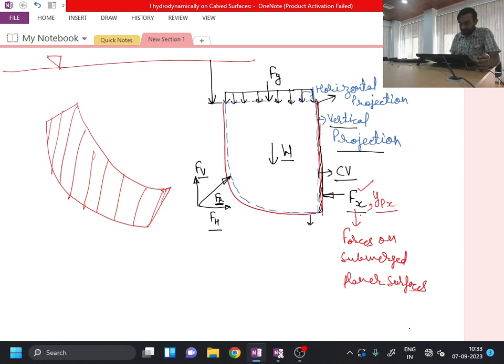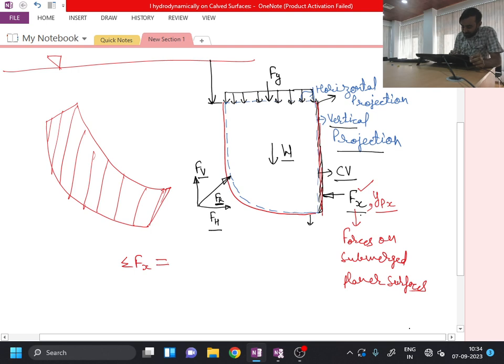Now what I can do, if I consider the sum of forces in x direction, or more precisely, because I am using the symbol x for Fx also, I can say sum of forces in horizontal direction equal to 0. Then I will find that from the left face Fh amount of force is acting, and from the right face I have minus Fx amount of force which is acting, and this is equal to 0.